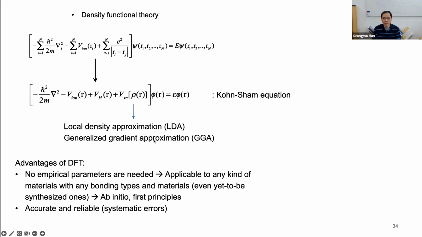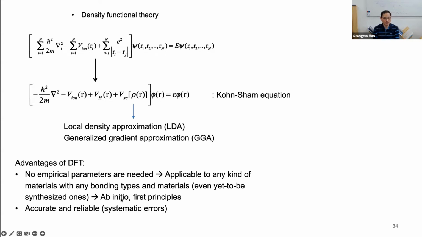Even though there are still parameters included in this approximation, they do not change with the material. They are fixed in the original development, and once developed, we do not change them, and we apply them to any kind of material, even materials that we have not synthesized and for which there's no experimental information.